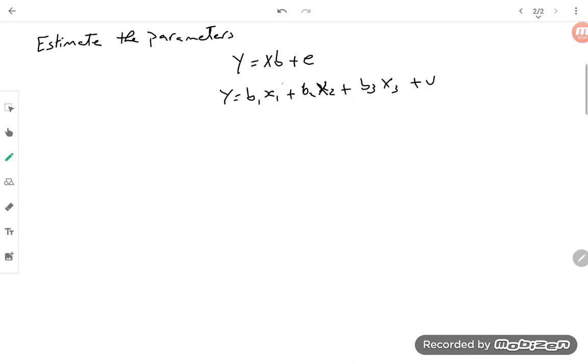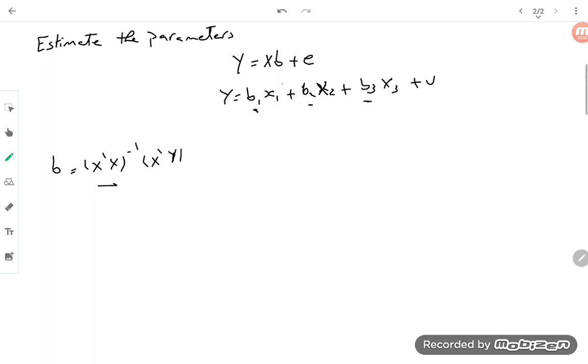So these are the parameters that we would like to estimate, b1, b2, and b3. In order to estimate them, we are going to multiply (X'X) inverse by X'Y.